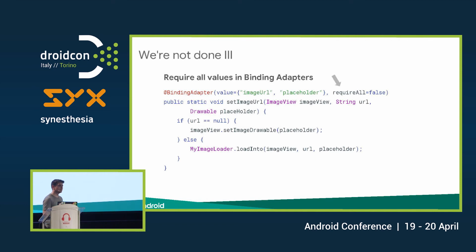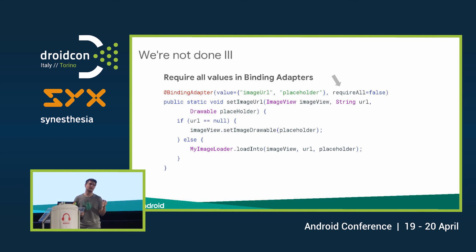This is how the binding adapter would look in Java, at least. We specify the two attributes in the value parameter of the annotation, and then we just put them in the static method. We are receiving a string, a URL as a string, and then a drawable, which is the placeholder.